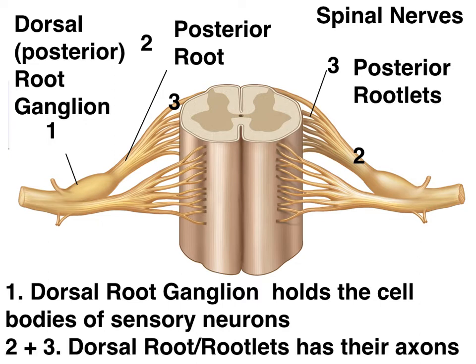So the dorsal root ganglion, the posterior root, and the posterior rootlets all contain sensory signals.